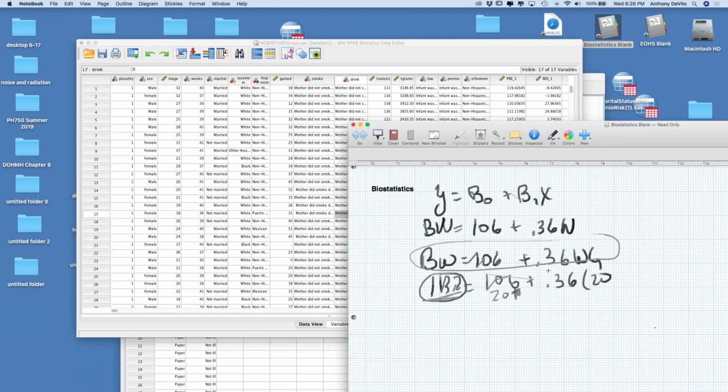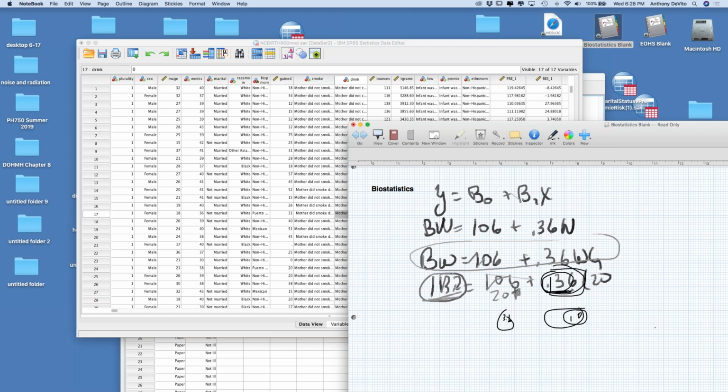Now, this isn't too encouraging. Given what you know now, for every 10 extra pounds a woman puts on, you're only going to get 3.6 ounces, maybe more, in the weight of a baby. If you're a doctor, you're saying to yourself, that's not a great trade-off.